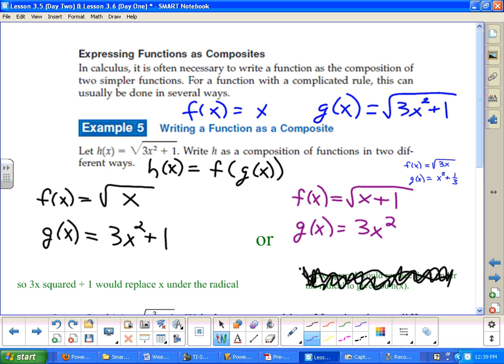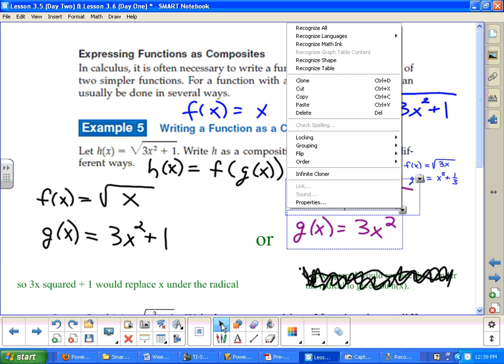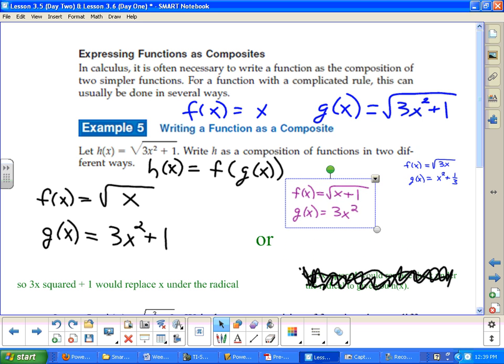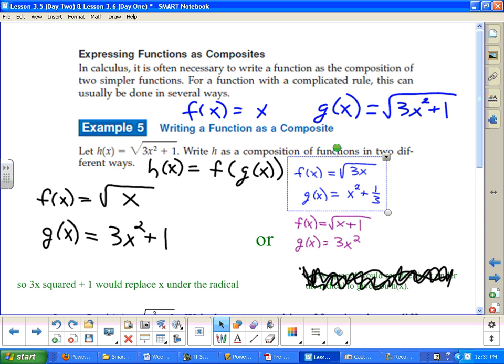Sometimes there's not many of them to look at, but in this case, we found 3 different ones we could use for this composite function.